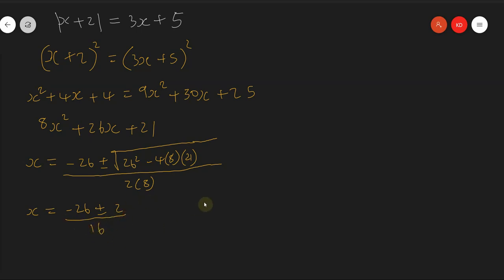So therefore x is equal to negative 26 minus 2 over 16, or x is equal to negative 26 plus 2 over 16.